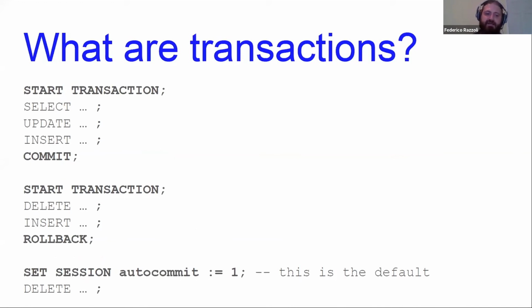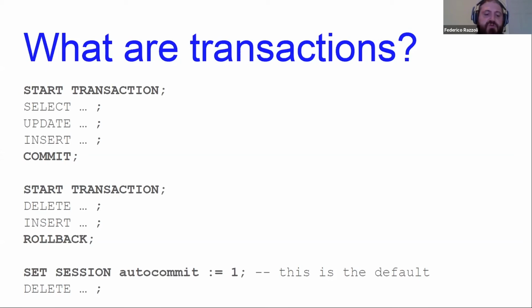A transaction is what happens in two cases: when you run a transaction explicitly with start transaction, or when you don't do that, but basically you have the variable autocommit set to 1, which is the default.